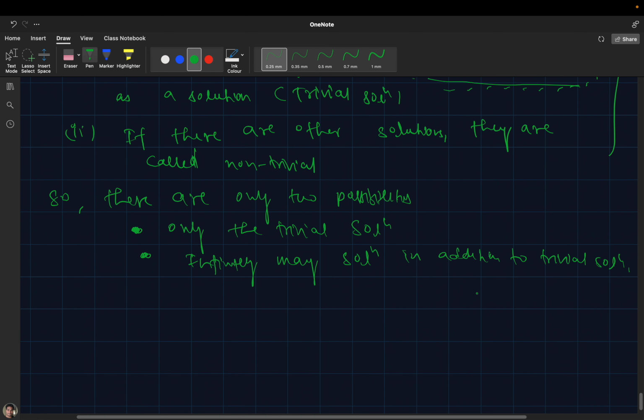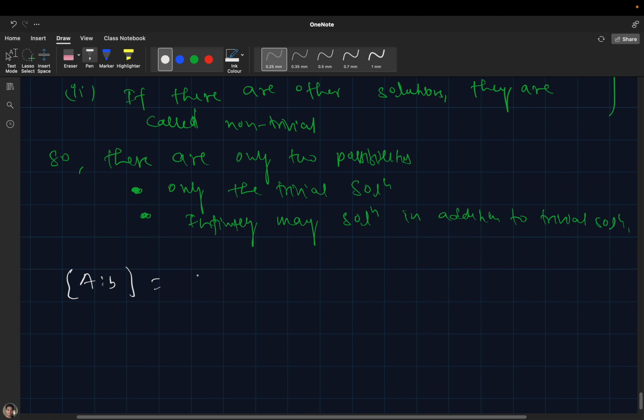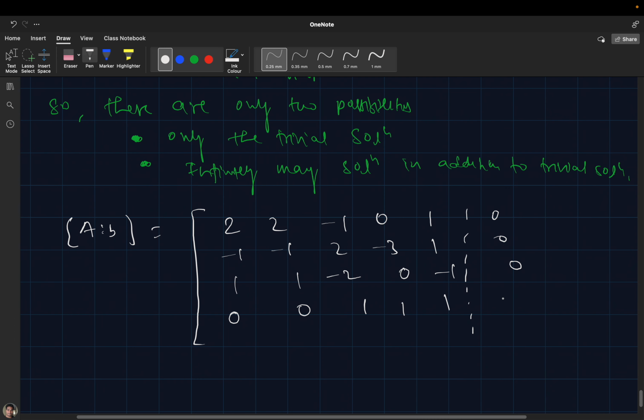Okay, let's take an example. Suppose you have an augmented matrix like this: 2, 2, -1, 0, 1, augmented by 0, -1, -1, 2, -3, 1, 0, 1, 1, -2, 0, -1, 0, 0, 0, 1, 1, 1, 0.